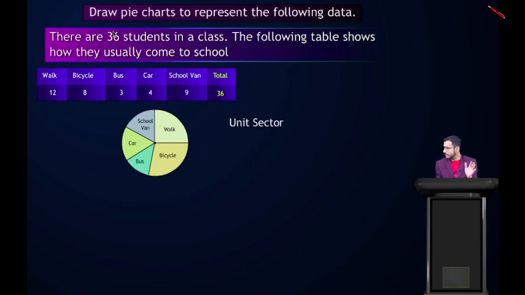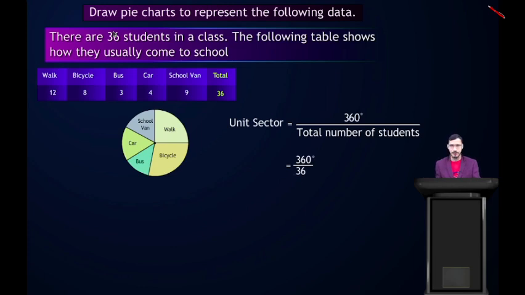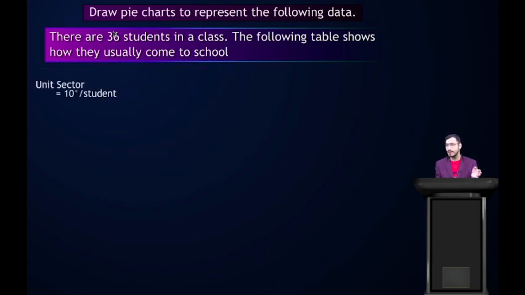The total number of students is 36, so 360 divided by 36. We got 10 degree. That means 10 degree per student.